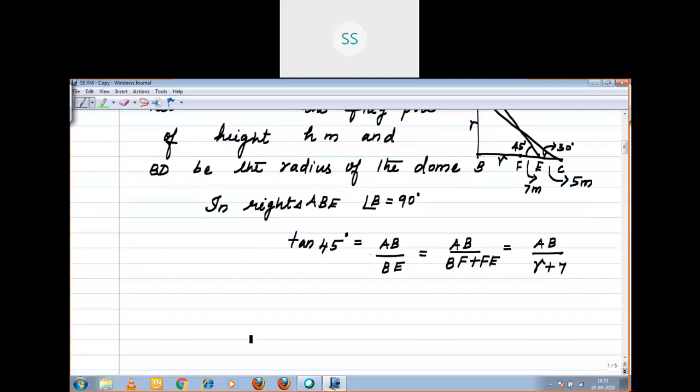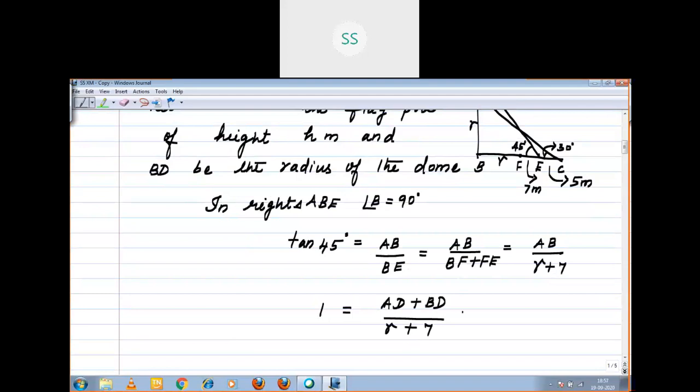Now, what is the 45 degree value? You know, right? 1. Which is equal to AB, and AB is nothing but AD plus BD, divided by R plus 7.